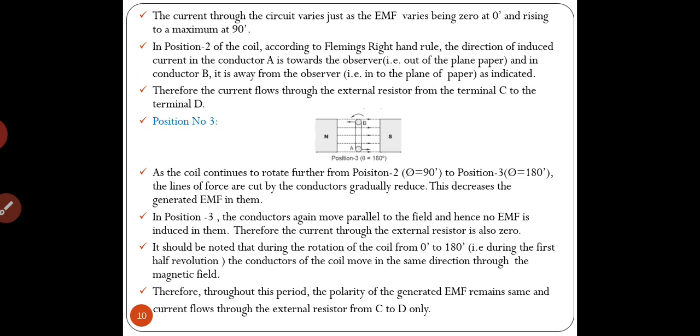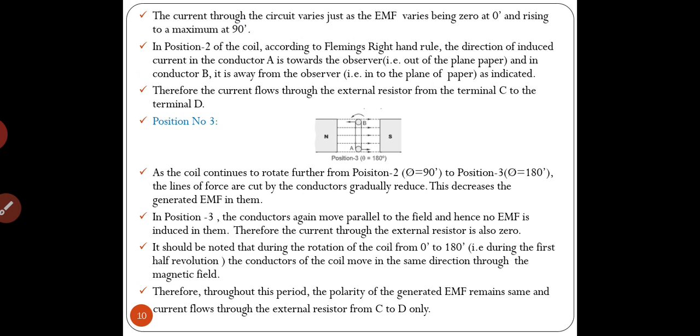The current through the circuit varies just as the EMF varies, rising from 0 to a maximum at 90 degrees. In position 2 of the coil, according to Fleming's right hand rule, the direction of the induced EMF in conductor A is towards the observer, out of the plane of the paper, and in conductor B it is away from the observer, into the plane of the paper, as indicated.